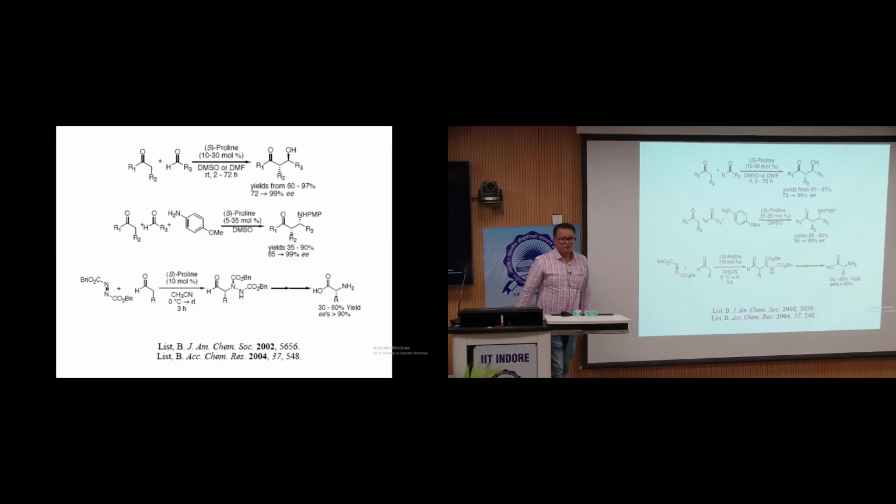List group, a very big group at Max Planck, right? They started with good catalysis, but the only thing was 10 to 30 mole percent. I already told you that we want to measure the catalyst amount when we talk about this type of catalysis. In the next case, 5 to 35% proline catalyst, and although the enantioselectivities were good, 90%, 99%, the results again indicated 5 to 35 mole percent used.